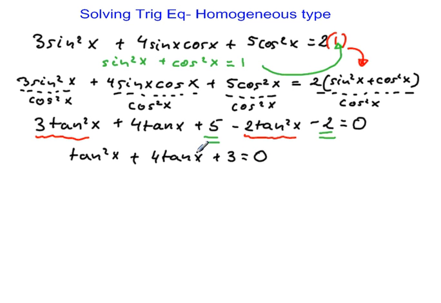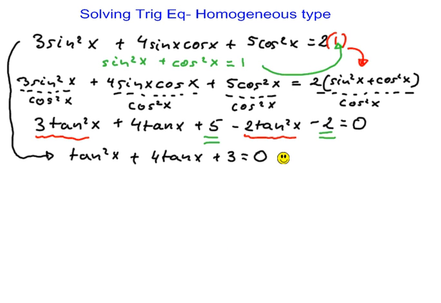So what happened? We have been able to reduce this equation into a quadratic type of equation with one function, one angle. So this is an excellent stage. Actually, I like this stage right here, so that's a happy face for that.